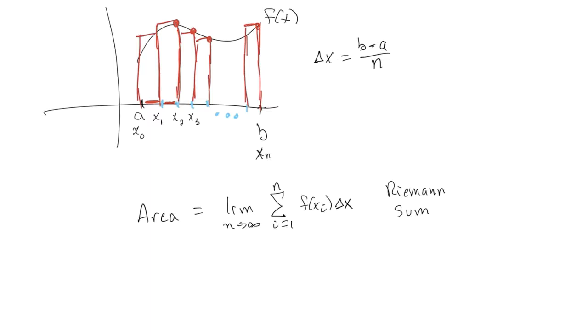We could find volumes of materials. We can find centers of mass. We can find what we call hydrostatic pressure, which is pressure due to the force of water. We can calculate work done in moving an object. Lots and lots of different applications of finding areas under the curves.